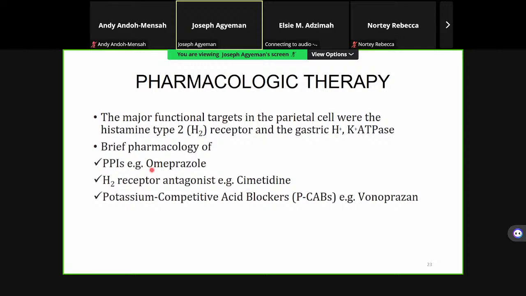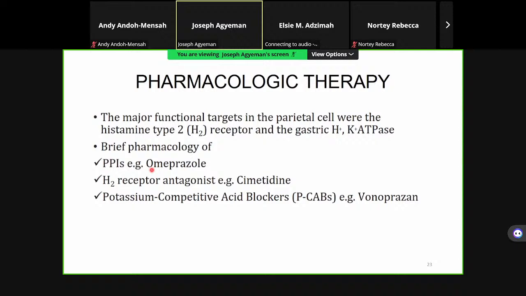Because where they want to accumulate, you have a lot of acid there, when they get there, the acid will protonate these PPIs. The protonation is what leads to the activation.